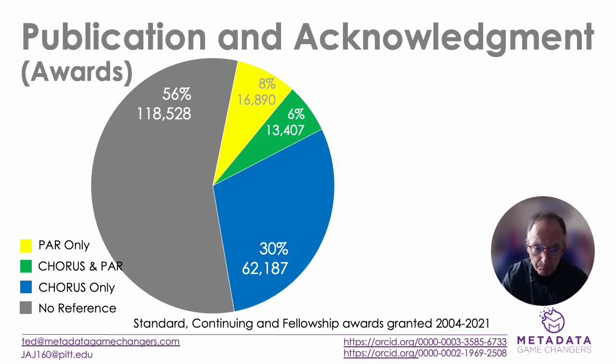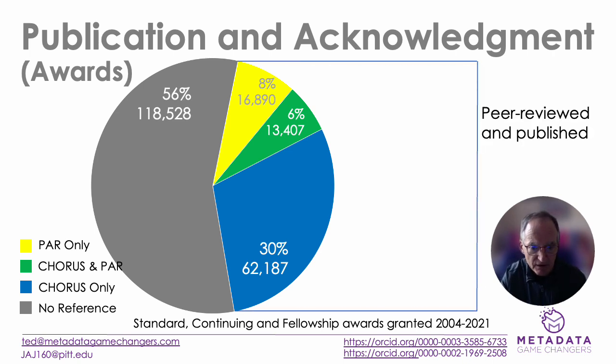And there's 4 different sets here. Blue is chorus only, so these are references to awards that were only found in chorus. Chorus and PAR are green, 6% here, are in both chorus and PAR. 16,000, almost 17,000, or 8% of these are only in PAR, and 56% were not referenced anywhere.